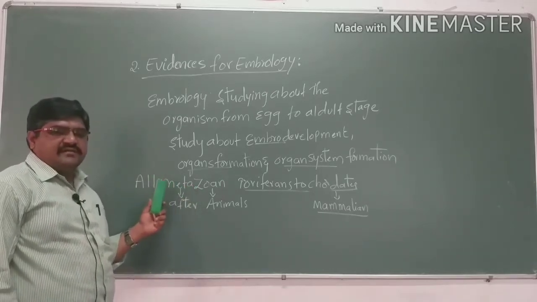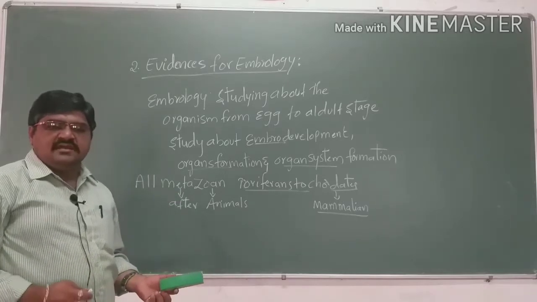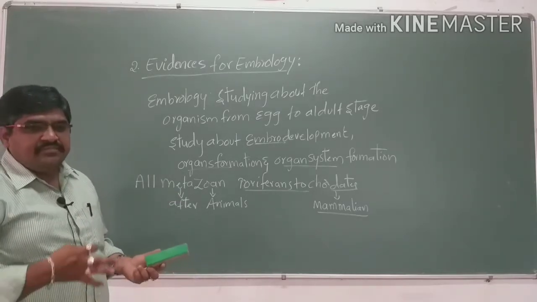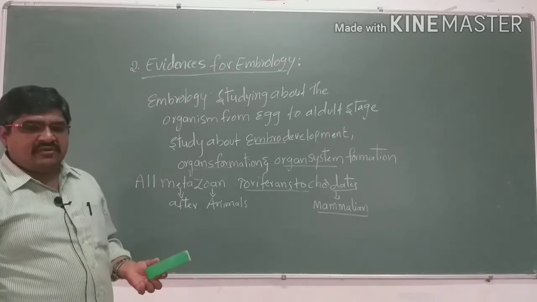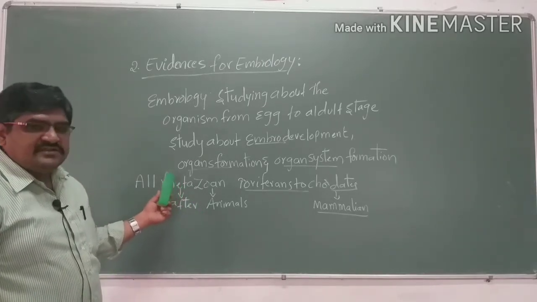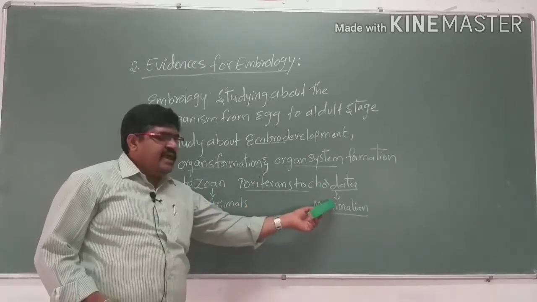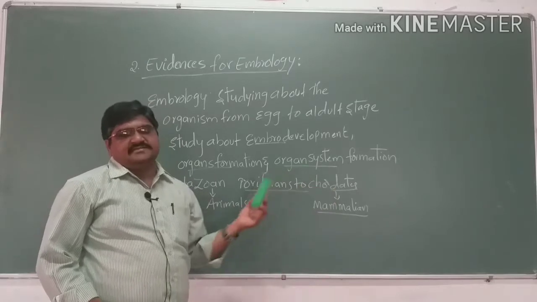Meta means after, that means the first formed animals are the protozoans, and later developed organisms we call metazoans. These metazoans range from poriferans to mammalians or chordates.